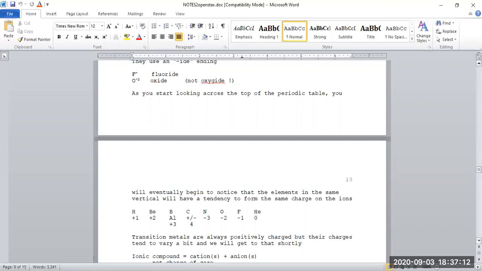Oxygen, sulfur, and selenium like to be -2s. Halogens like to be -1s. And then we get back over to the noble gases who hate everybody, and they almost never have a charge, it's just always pretty much 0.